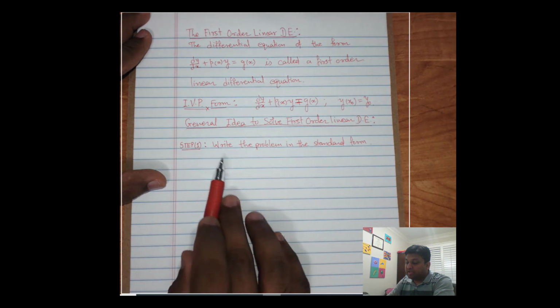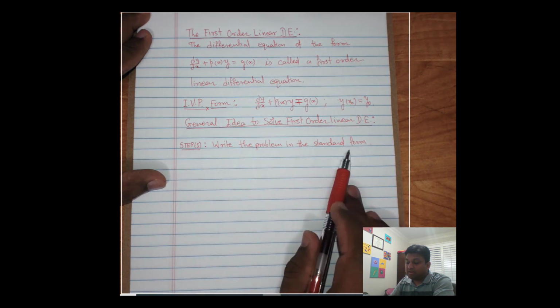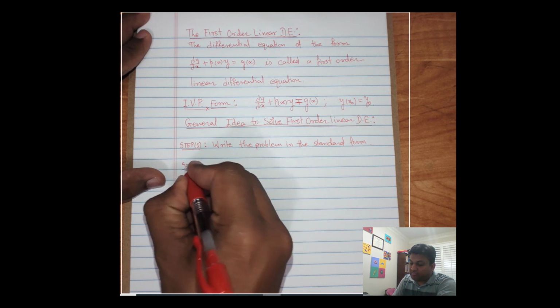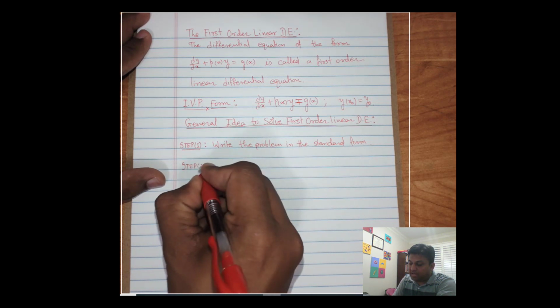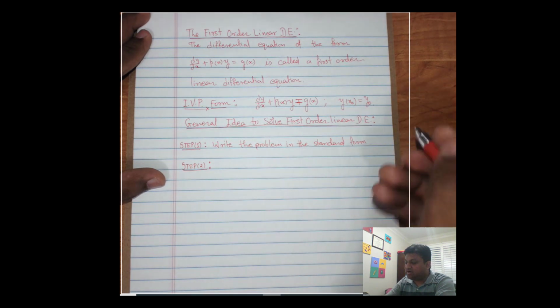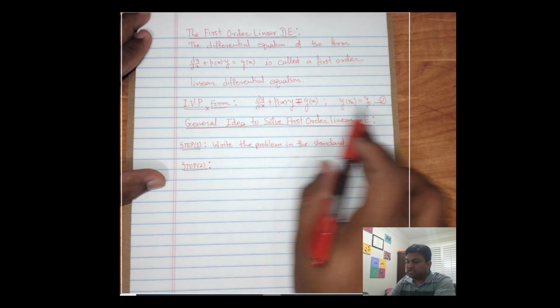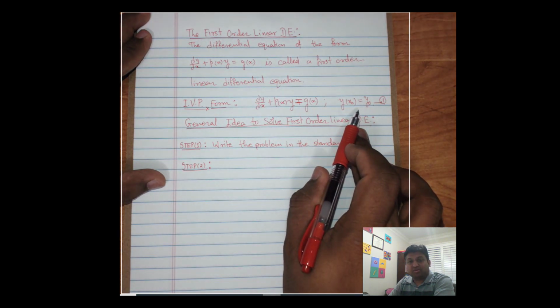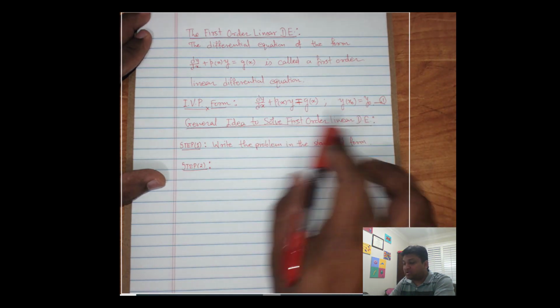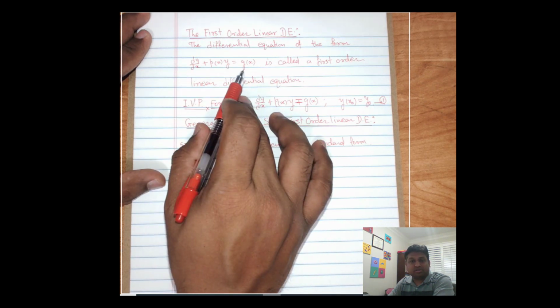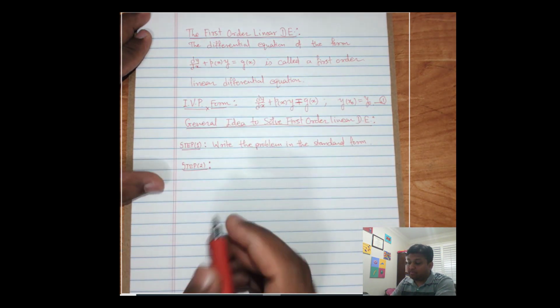Alright, so that's what we mean by writing the problem in the standard form. Once you have the problem in the standard form, I want you to compare it with the definition, either the initial value problem definition of first order linear DE, or the general definition of first order linear DE.